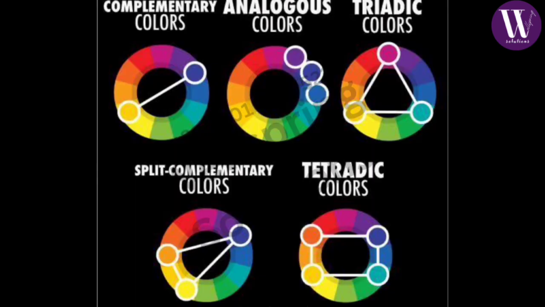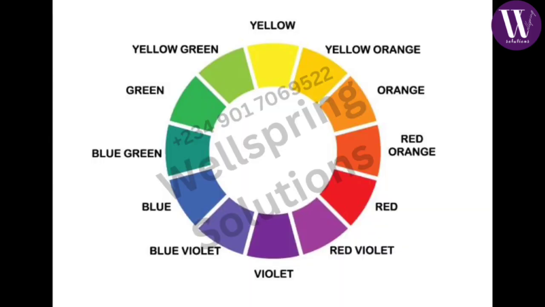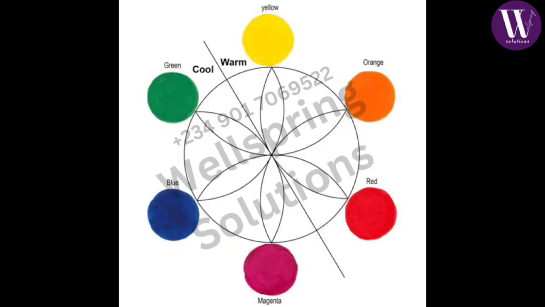In simple terms, color theory is how to use colors. To understand color theory better, we will be making use of color wheels. When the color wheel is split into two, we have the warm colors and the cool colors.